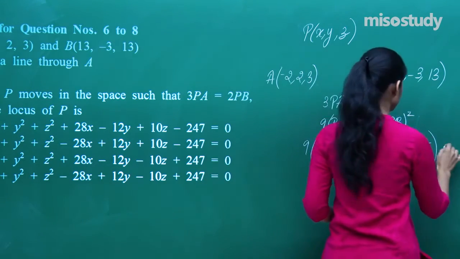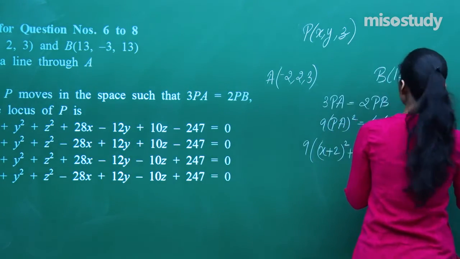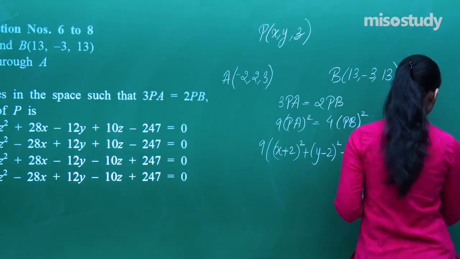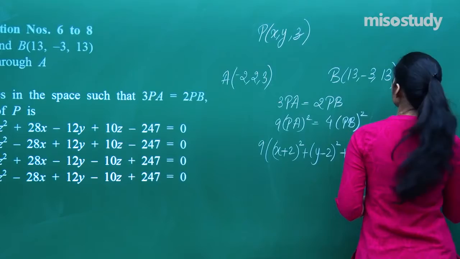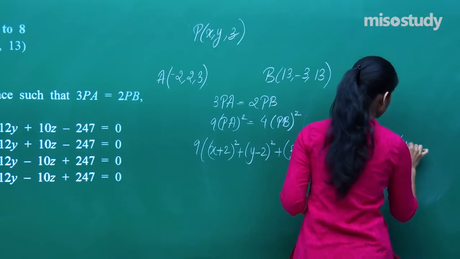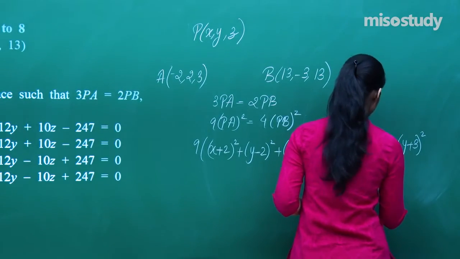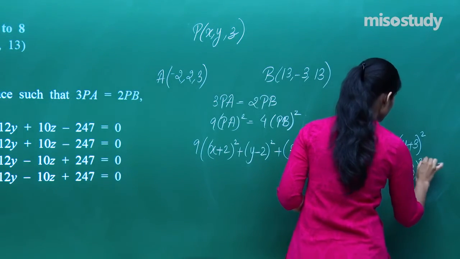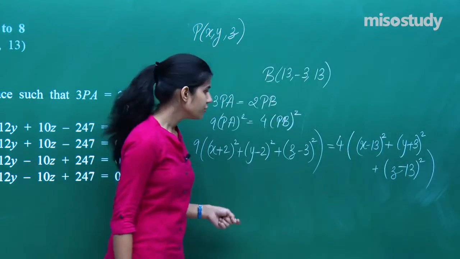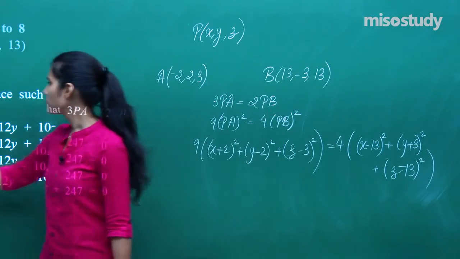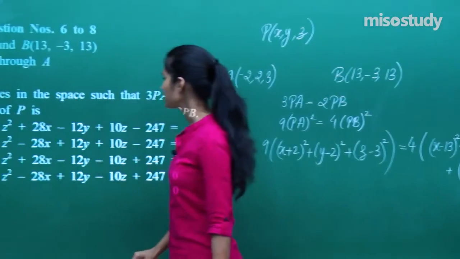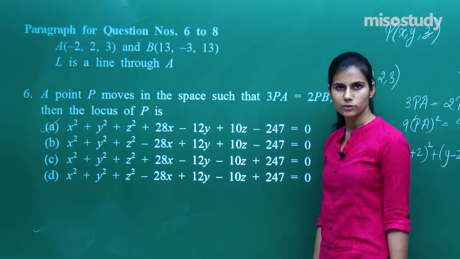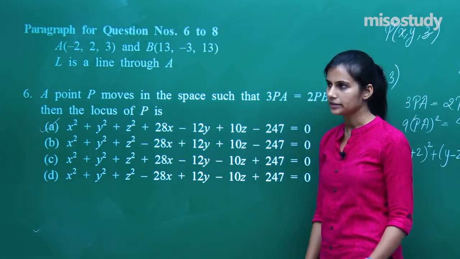Fine. Then from here you have 4 times PB. So basically you get x minus 13 square plus y plus 3 square plus z minus 13 square. When you resolve this, you basically get x square plus y square plus z square plus 28x minus 12y plus 10z minus 247 equals 0 as the locus of point P.